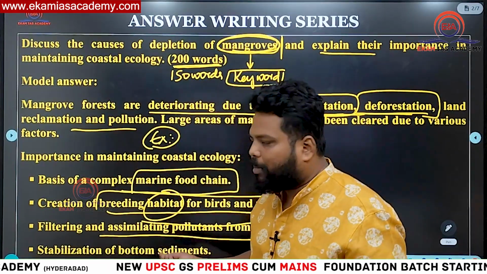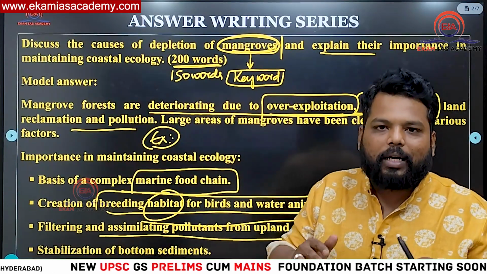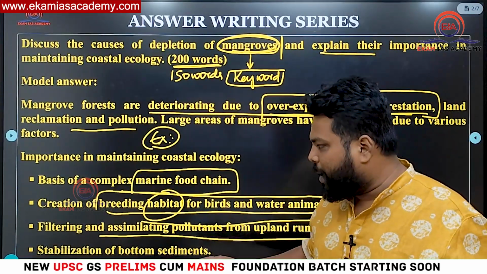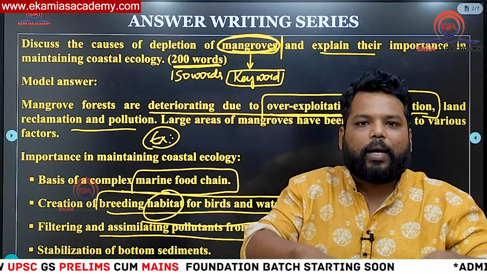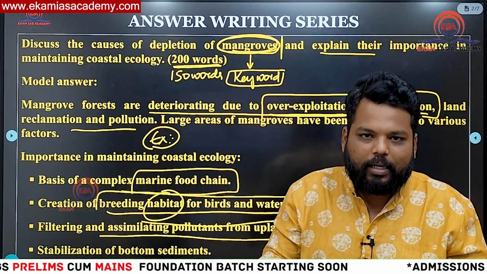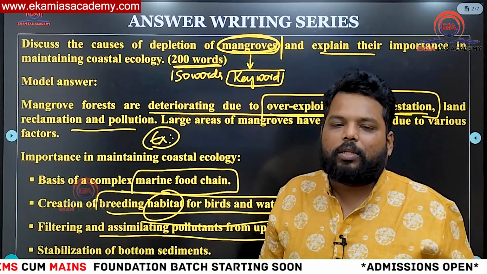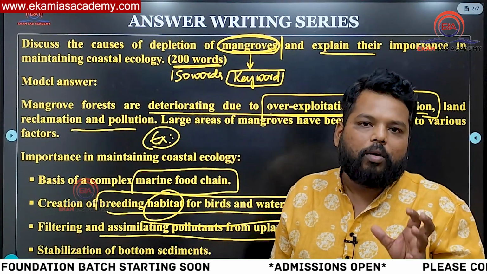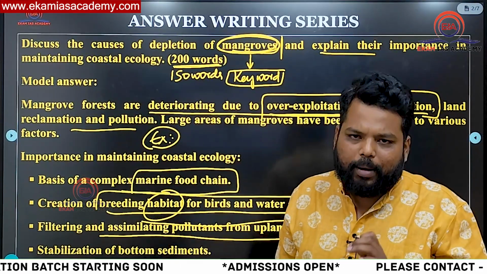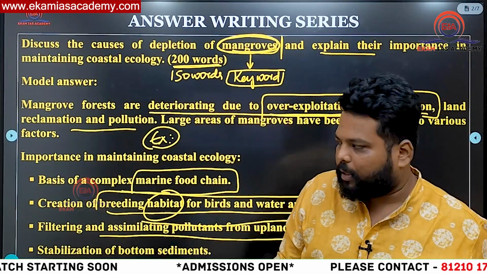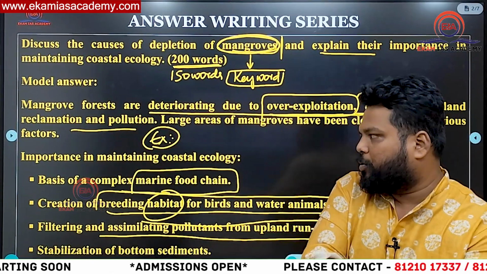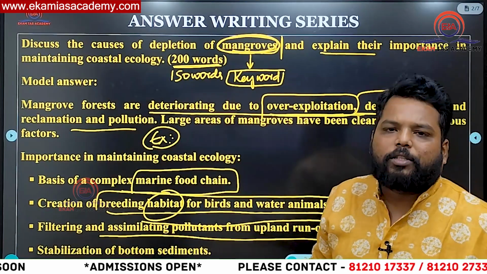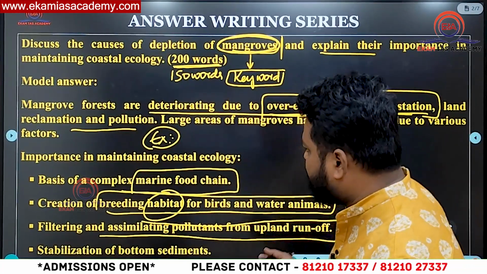So these mangroves don't allow the sediments to move further. They make a stabilized format of those sediments in that region. So any sediment crossing this mangrove would be deposited at that region, which shall be acting as a mineral base or a mineral bank over there. So these four are the most important aspects to maintain the coastal ecology.